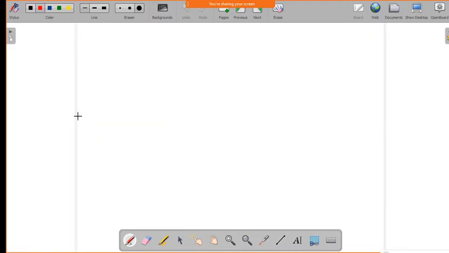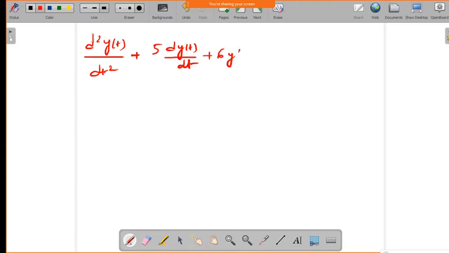Solve the differential equation given by d square y of t by dt square plus 5 into dy of t by dt plus 6 into y of t, which is equal to 2 into x of t plus dx of t by dt.